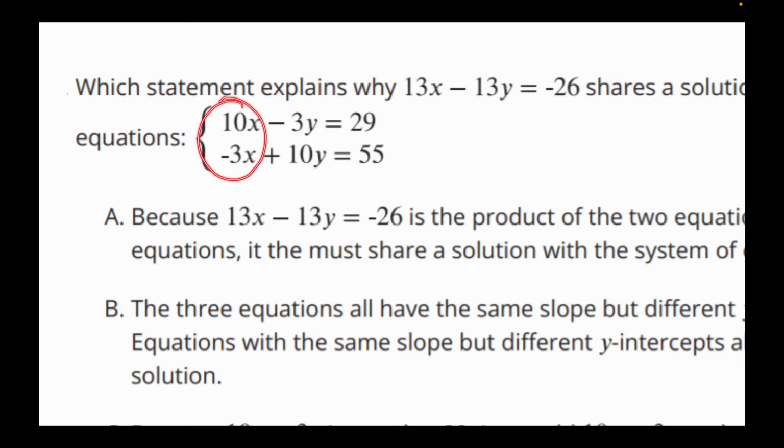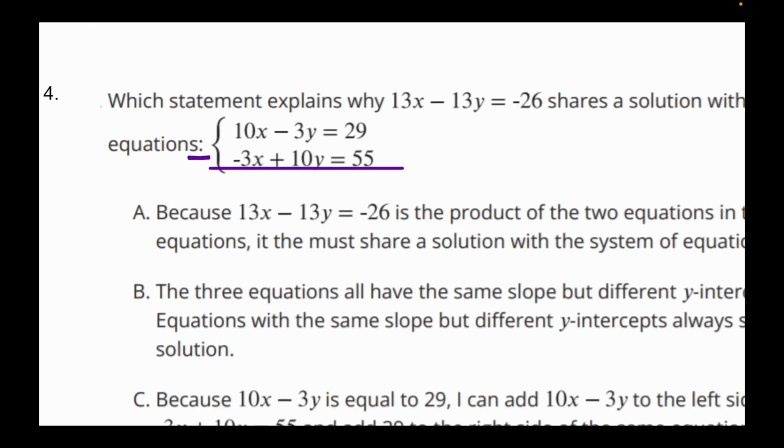We would have 10, and then when we add a negative 3, that's just like saying 10 minus 3, which makes positive 7. These are actually being subtracted. So in order to get this here, this is a big subtraction problem. That's what creates the 13x minus 13y equal to negative 26.